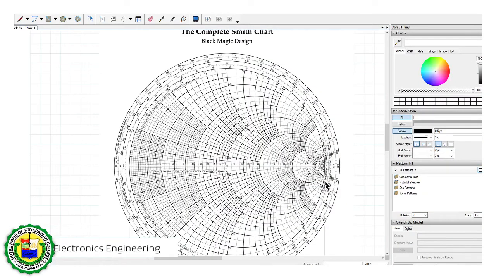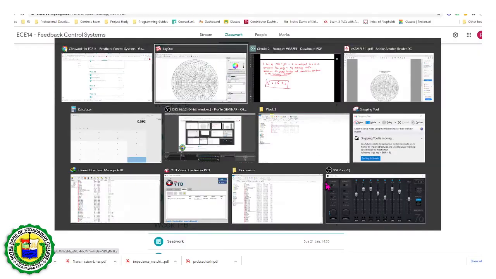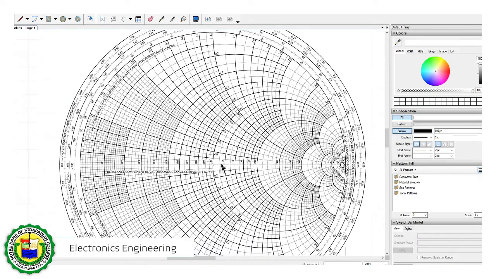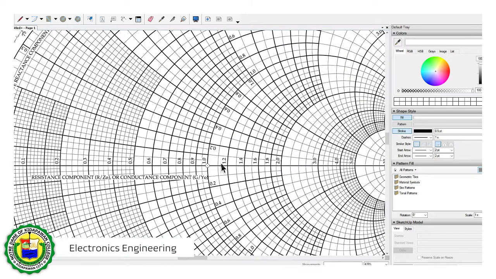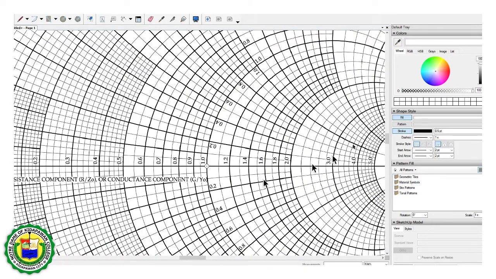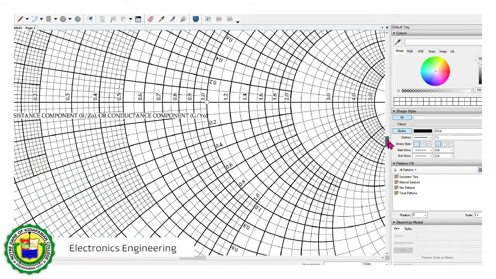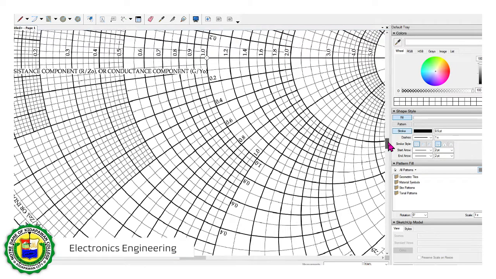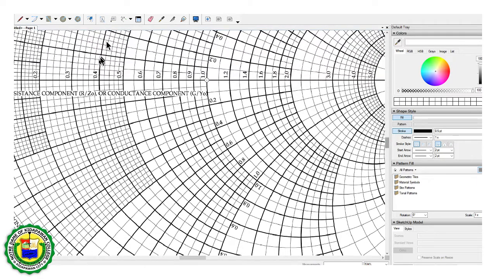Smith chart there. So we have 1.5 and 1j. 1.5 is between 1.4 and 1.6, and we'll have to find 1j. 1j is right there. Here, this is 1j, and 1.5 is right here.